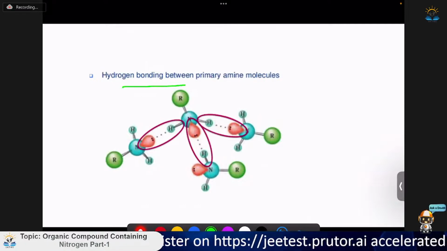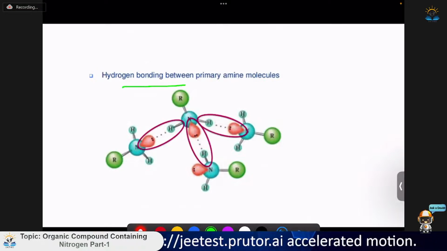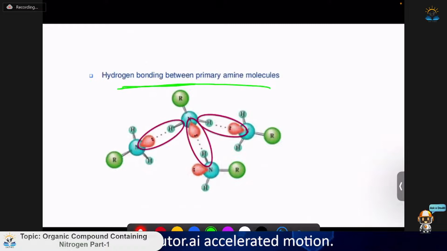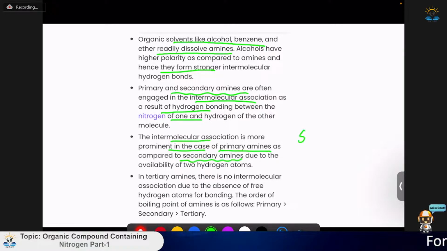Organic solvents readily dissolve amines. The intermolecular association is more prominent in primary amines as compared to secondary amines. This also we will see in the solvation effect in the next class.